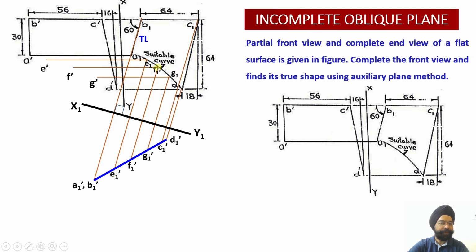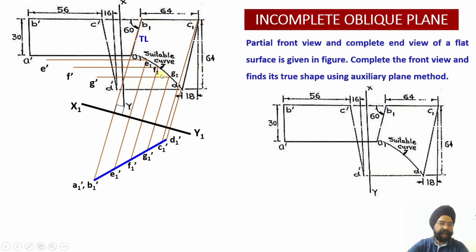Similarly, for F1, this is my locus line. If I bring this F1 over here onto my edge view, I know this is going to be my distance. So I measure this distance using my divider and then retrace, that is, once again backtrack this distance behind the XY line onto this locus line.